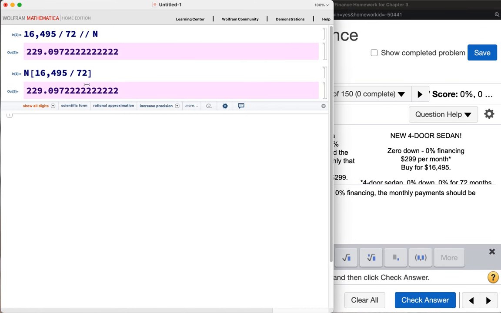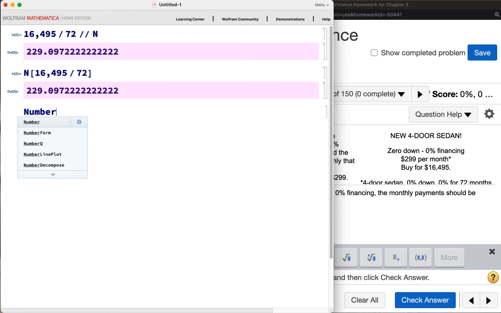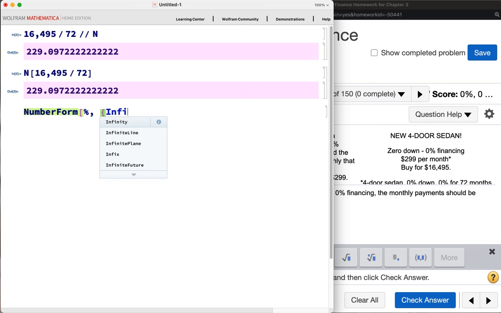And remember, guys, you can round this number out to 2 decimal places using the NumberForm command. So NumberForm, the percent symbol refers to my last answer. Infinity is an option that just means give me as many digits as possible in your answer.